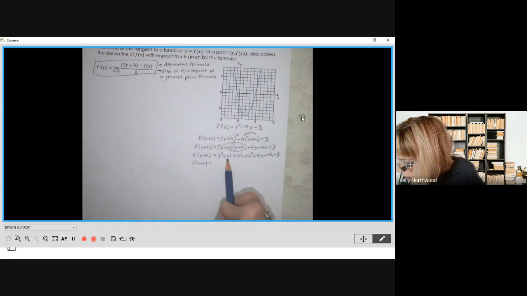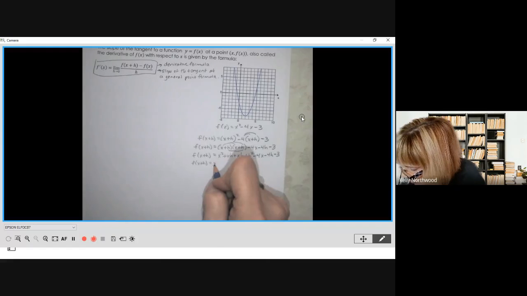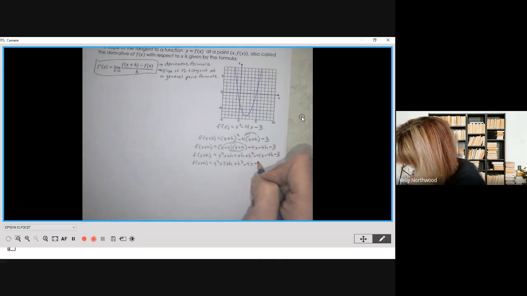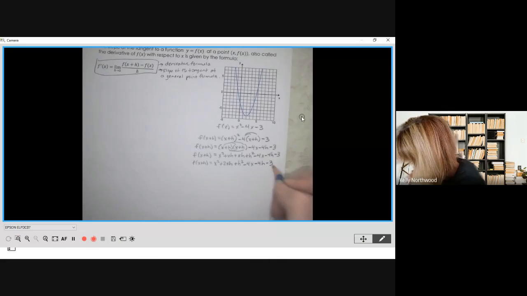So I'm looking at x squared, there's no other x squared term. For xh, there's just two of those, so plus 2xh. No other h squared term. And minus 4x, minus 4h, minus 3.